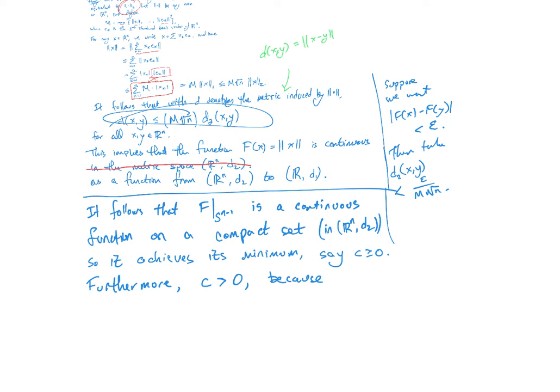Let me restate that. One of the axioms of being a norm is that you can only be 0 on the 0 vector, and the 0 vector is not on the sphere.